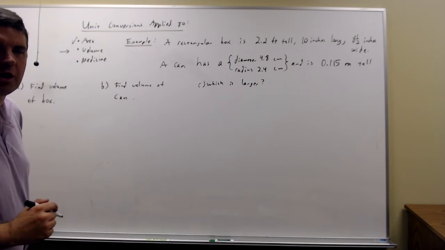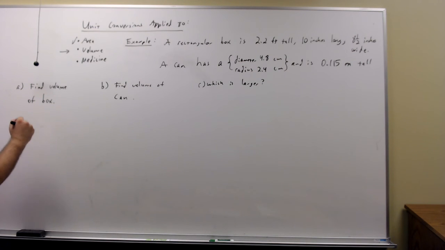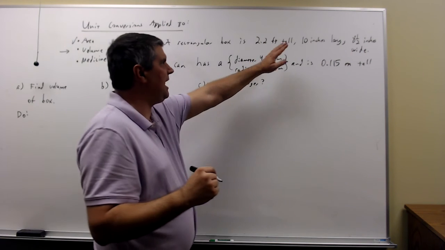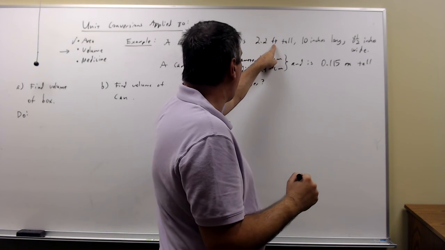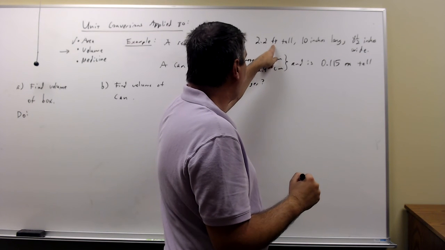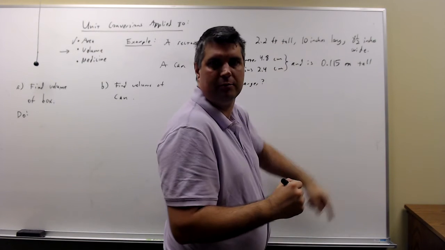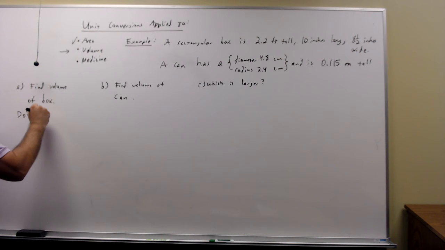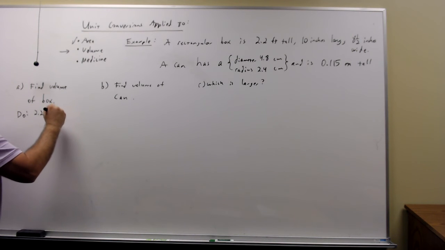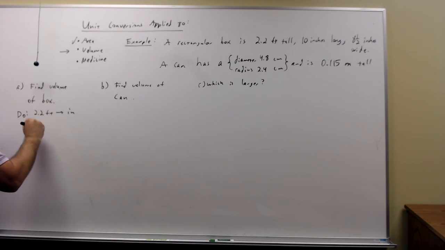C, which is larger. Okay, so for A, what I would propose to do is get all these, this is the feet, okay? I recommend going from larger to smaller. So I would recommend doing 2.2 feet to inches, where 1 foot equals 12 inches.